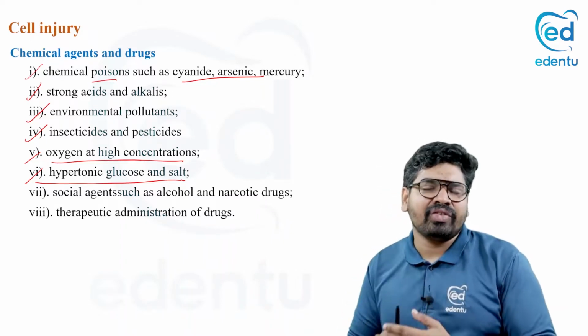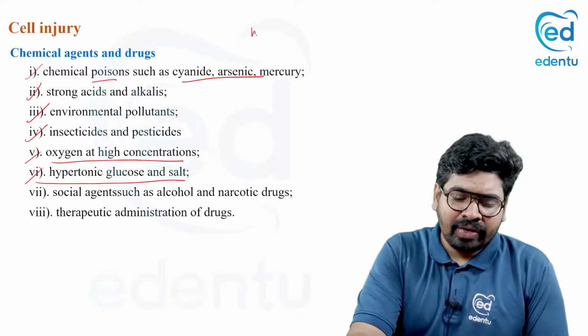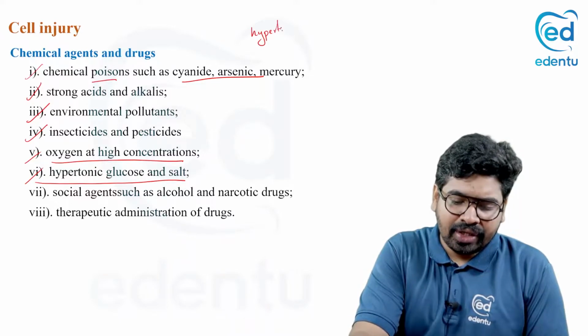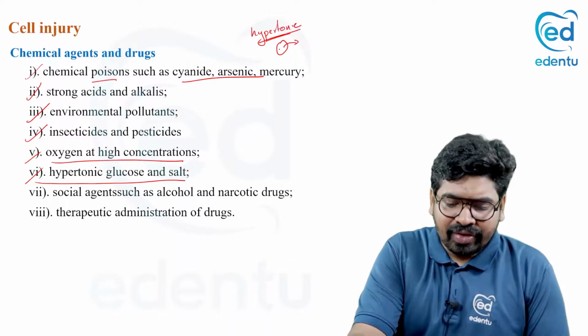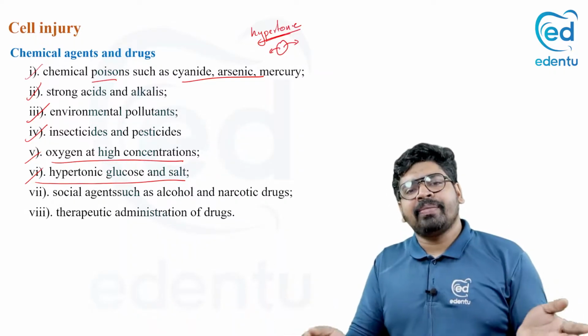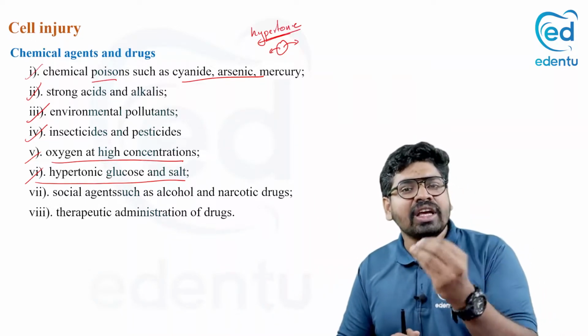cause drying of your skin or drying of your cells. What happens when a cell is in a hypertonic solution? When a cell is put in it, the water from the cell comes out of the cell due to tonicity, due to osmotic pressure, and that can cause shrinking of the cell.